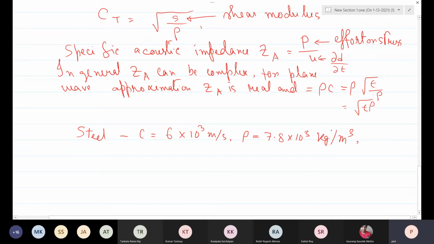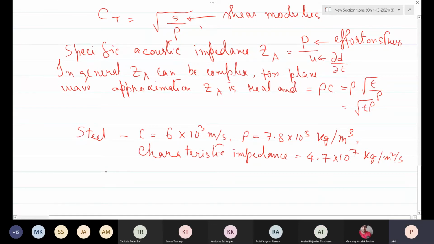And if we see the characteristic impedance, it is equal to 4.7 into 10 to the power 7 kg per meter square per second.